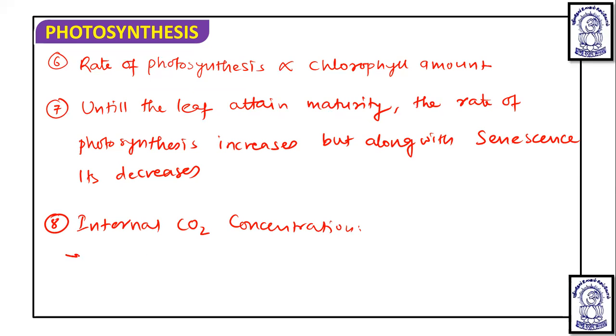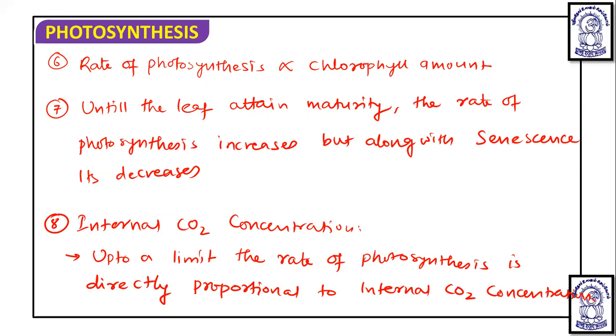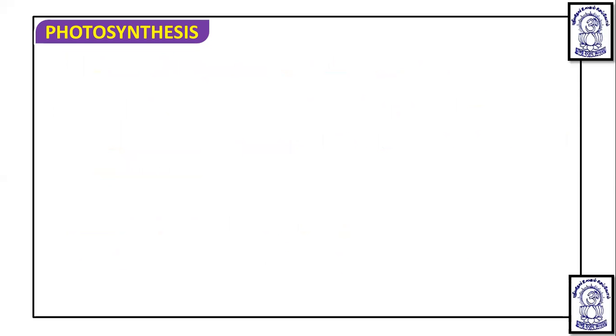Up to a limit, the rate of photosynthesis is directly proportional to internal CO2 concentration. So that is what we can call the plant factors or internal factors.